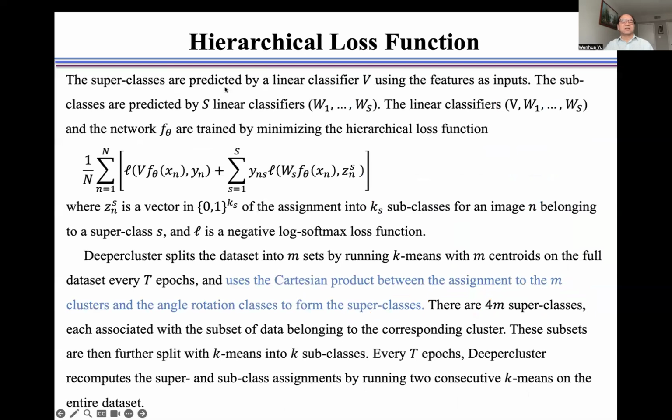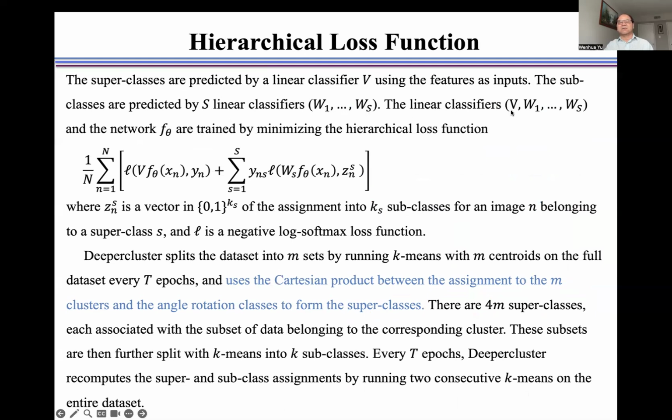The superclasses are predicted by a linear classifier V using the features as inputs. The subclasses are predicted by S linear classifiers from W1 to Ws.